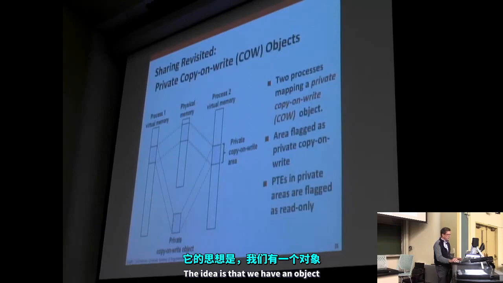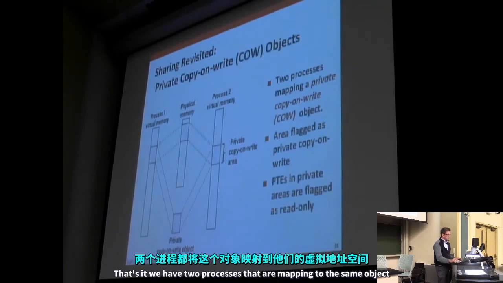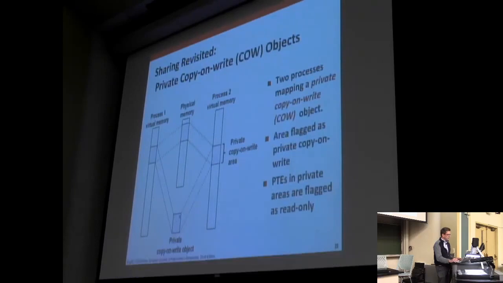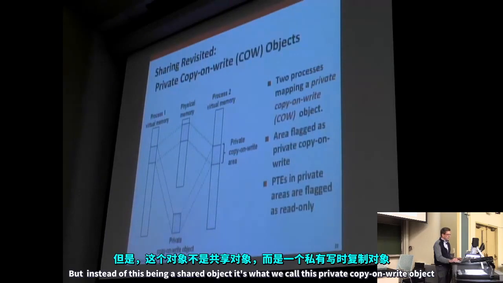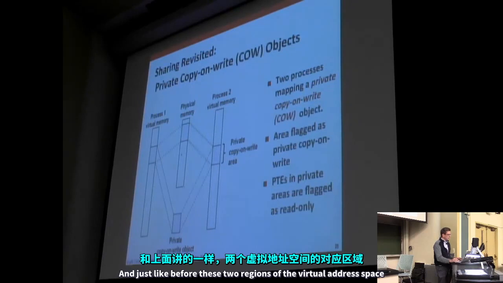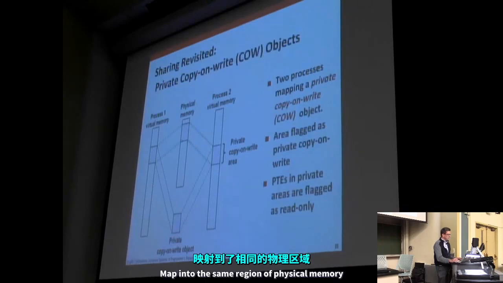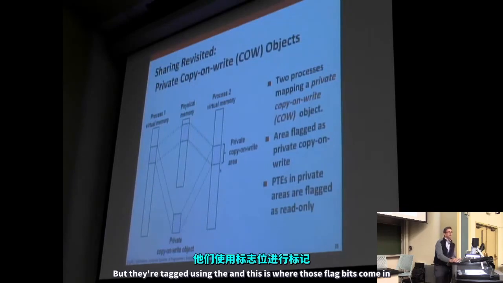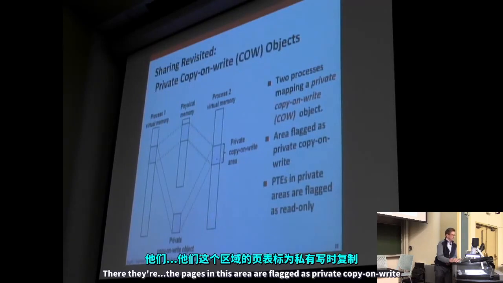The idea is that we have two processes mapping to the same object, but instead of being a shared object, it's what we call a private copy on write object. Just like before, these two regions of the virtual address space map into the same region of physical memory, but they're tagged using those flag bits. The pages in this area are flagged as private copy on write.